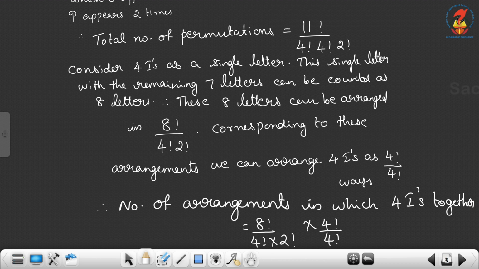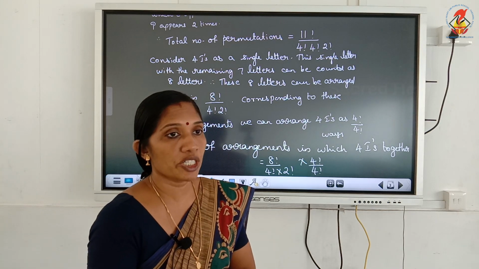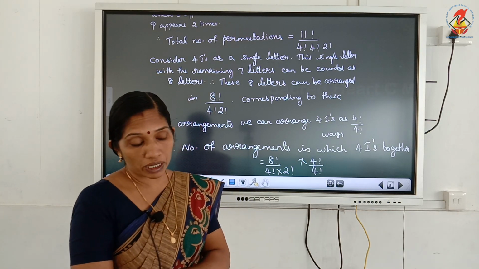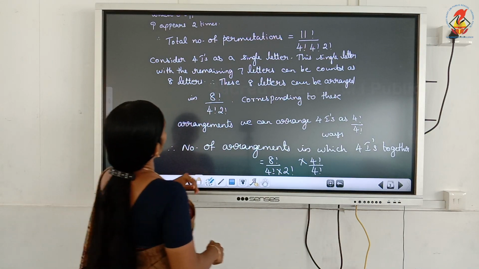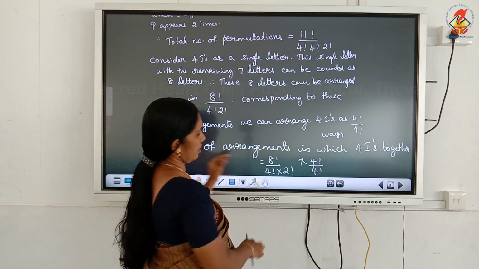Okay. Now what we require is the number of permutations in which 4 I's do not come together. So we have to subtract: the total number of permutations minus this.